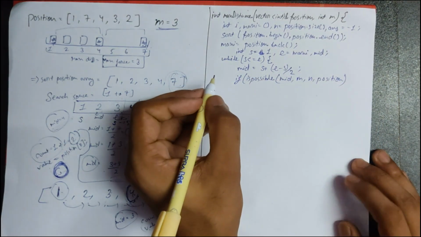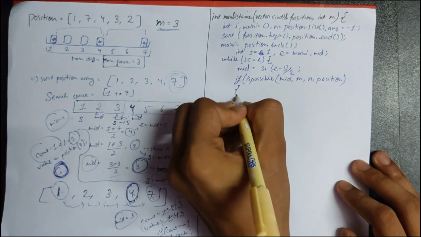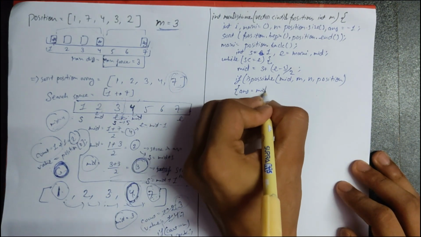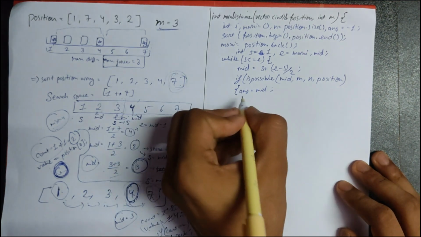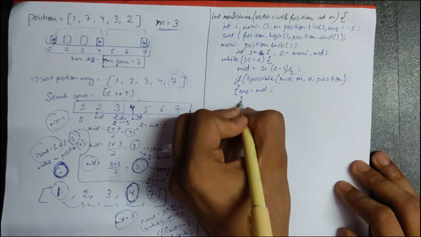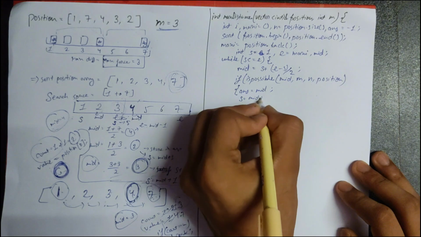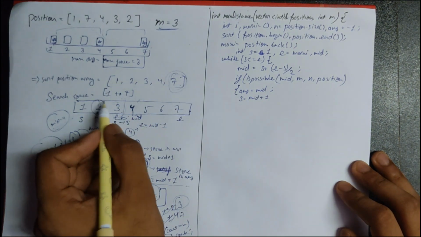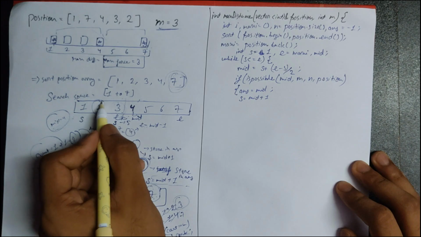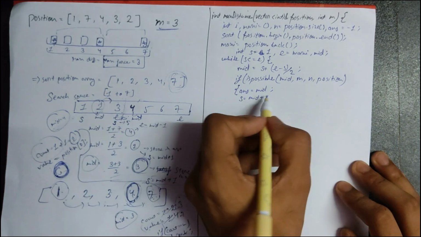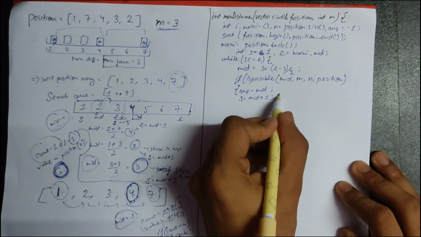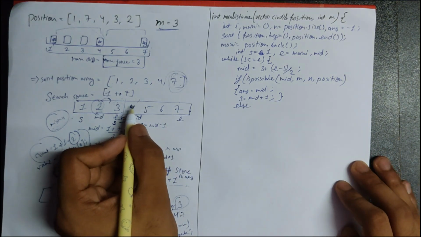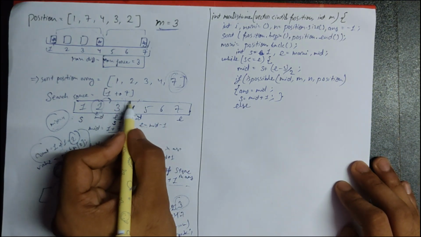Okay, and if it is a possible solution, what we will do is mark our answer, update the value of answer, and we will shift s equals mid plus 1. As we got our answer, in this case we got 2 as our answer, we have to find the maximum answer. So we shifted s, so s equals mid plus 1. And in the else case we didn't get any answer, so we have to shift e.